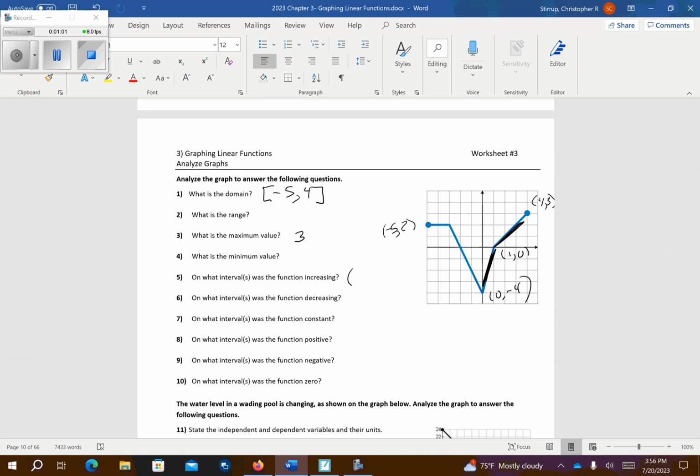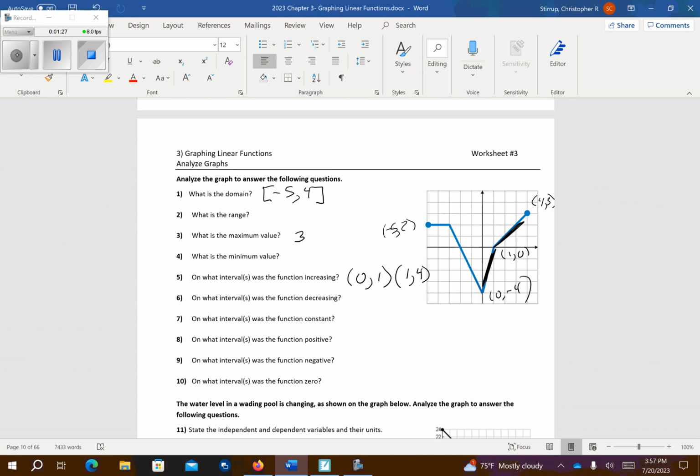So it's increasing from 0 to 1, and then it's increasing again from 1 to 4. So you use the 1 twice because that's a point that's being used twice. Soft brackets on each of those. Technically, you probably could make some of the brackets hard brackets. That'll be something that you talk about in future math courses.